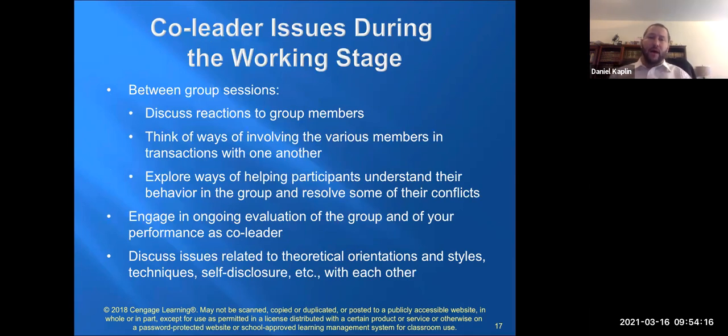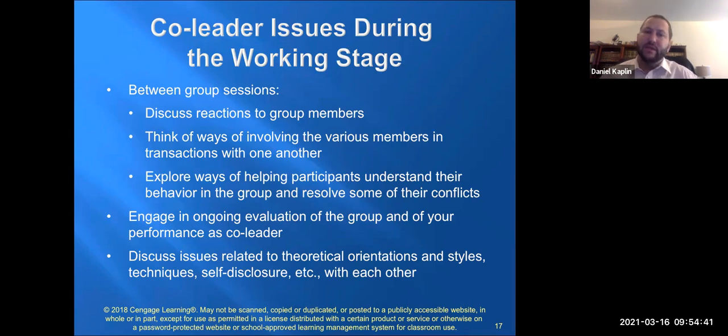When we talk about co-leading a group in a working stage, between group sessions, you're supposed to discuss the reaction to group members, see how each one is interacting with one another and how you can help participants better understand themselves, better understand their behavior within the group, and resolve some of their conflict, right?